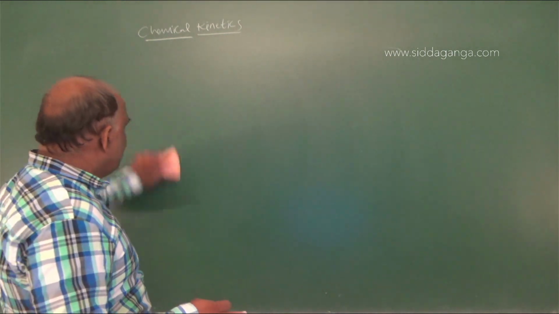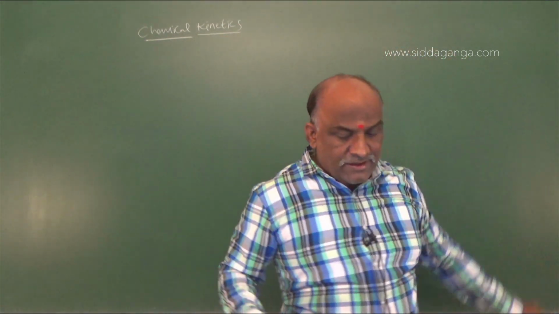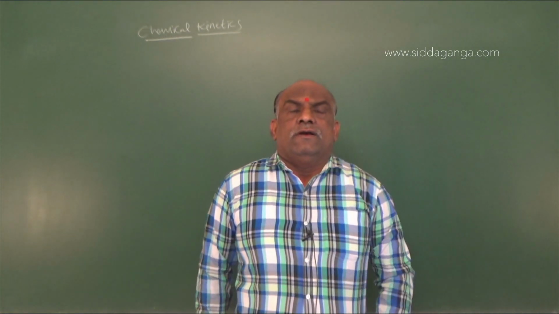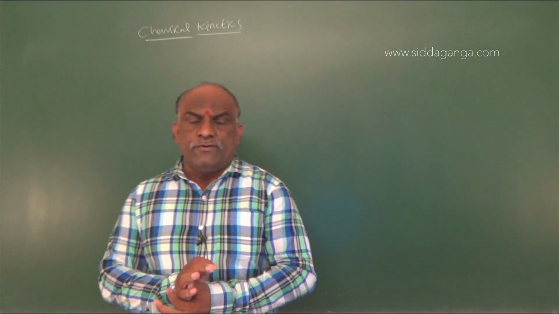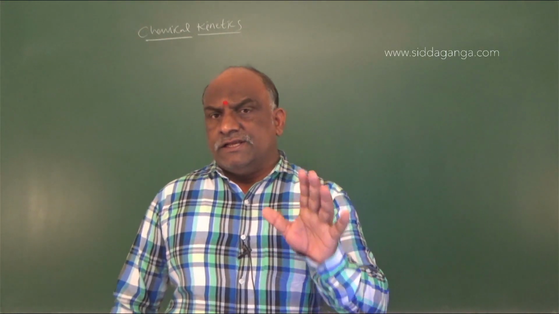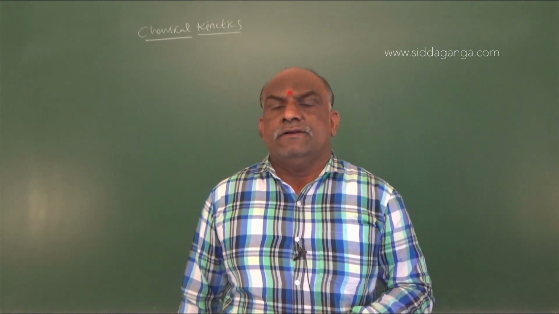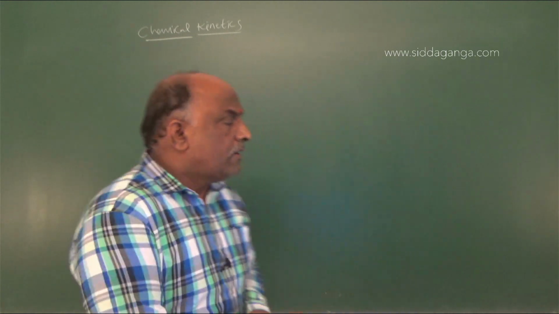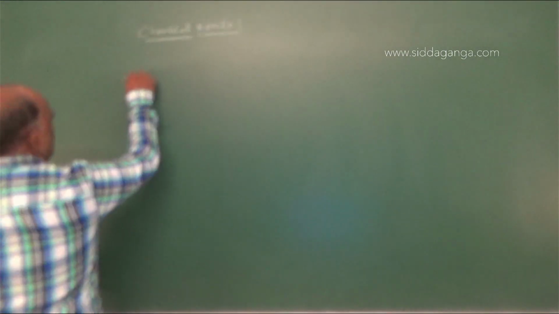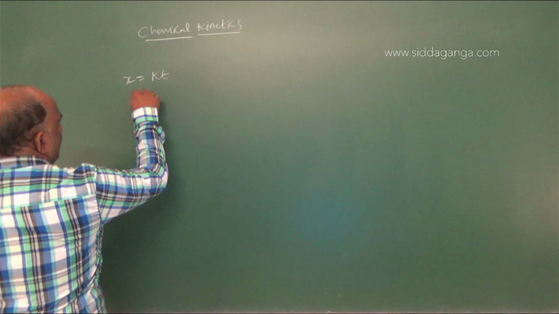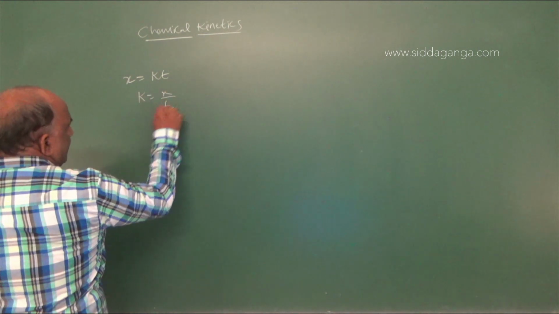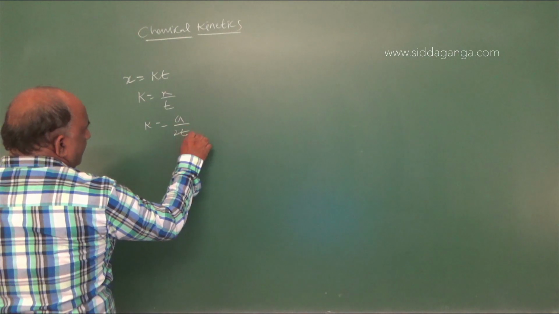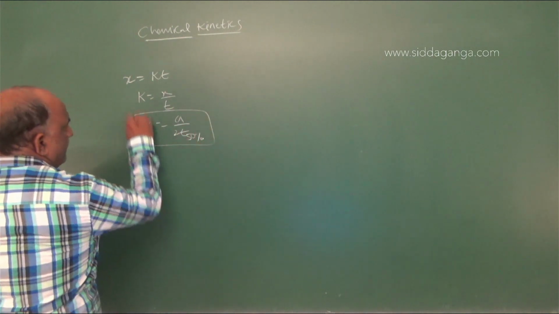What we discussed is not much important, but which type of questions are observed from the entrance point of view, especially for this zero order reaction, is the relation between half-life versus rate constant. You should go with this one: x is equal to kt, or k is equal to x by t, or k is equal to a by 2t 50. This is very, very important.